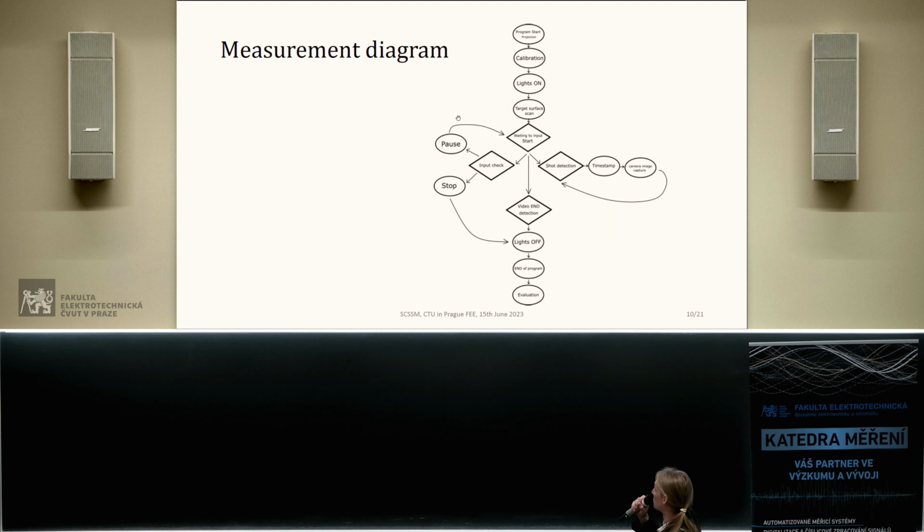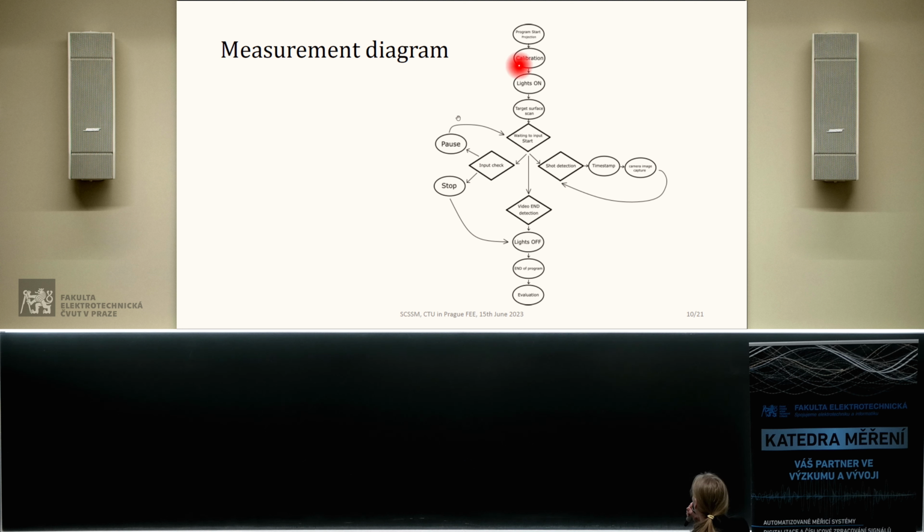So here is a measurement schema diagram. I would like to say that calibration is an important step because we need to connect coordinates from the original picture to the picture caught by the camera.